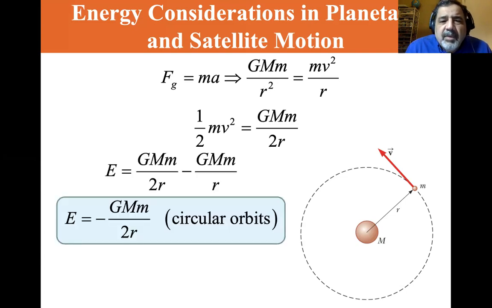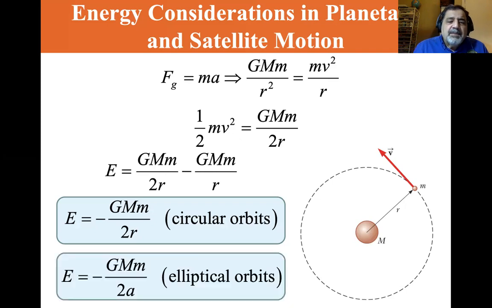So E is equal to GMm over 2r minus GMm over r. So they're equating this as the kinetic energy, and that's the total energy. So for circular orbits, E is equal to minus GMm over 2r. And for elliptical orbits, E is equal to minus GMm over 2a.